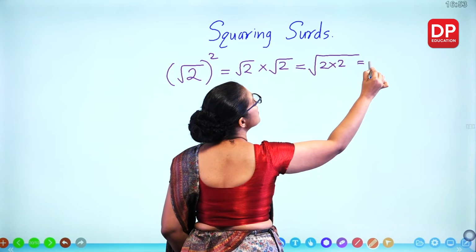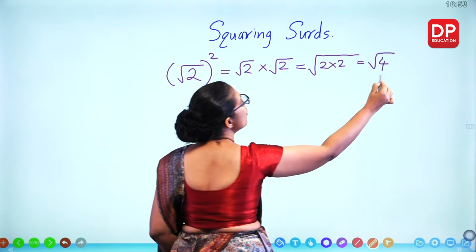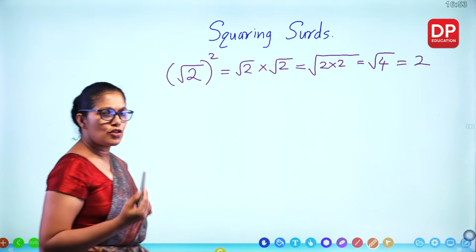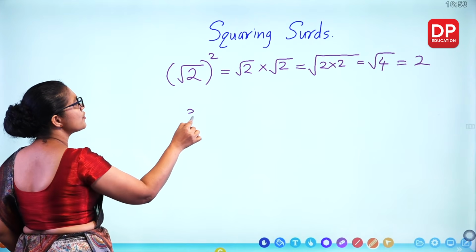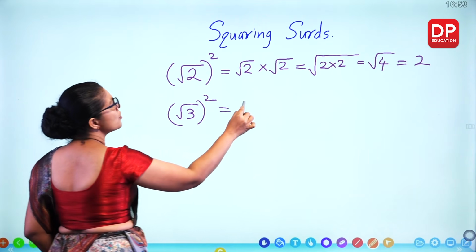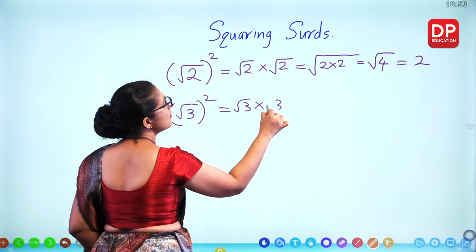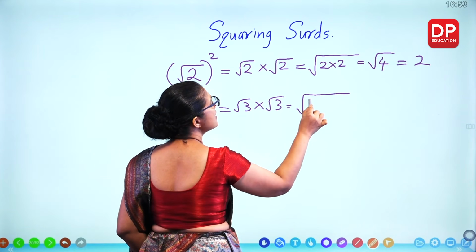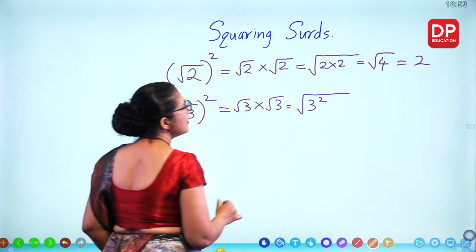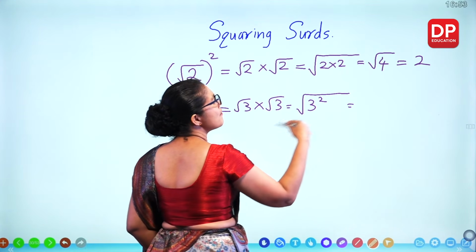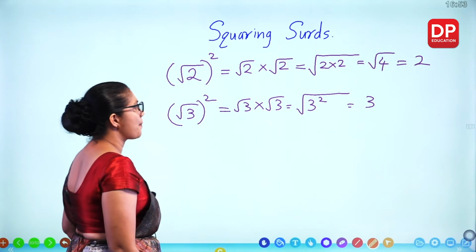You get square root of 4. Finally, square root of 4 is 2. Now take root 3. Root 3 times root 3. When you write it as a single one, you get square root of 3 squared, and when you simplify, you get 3.